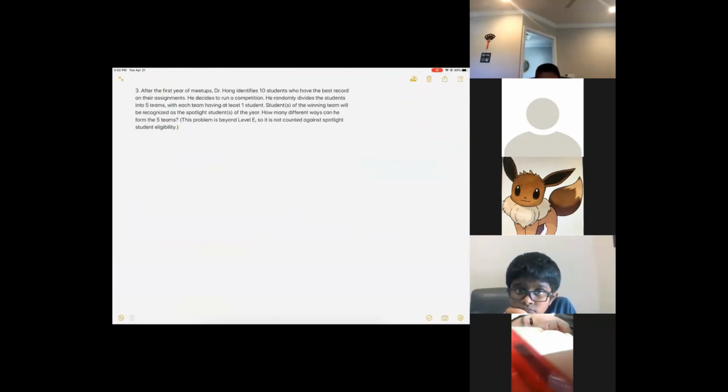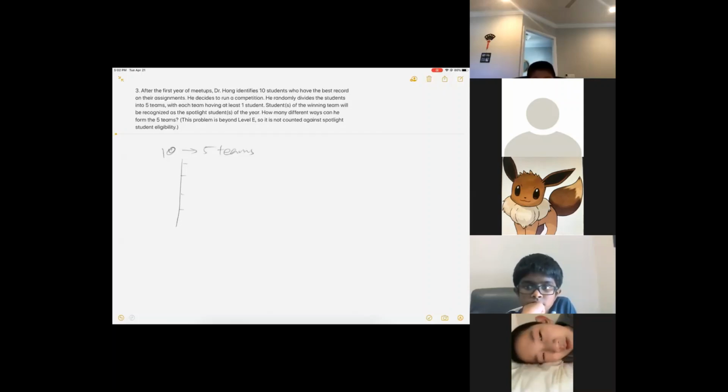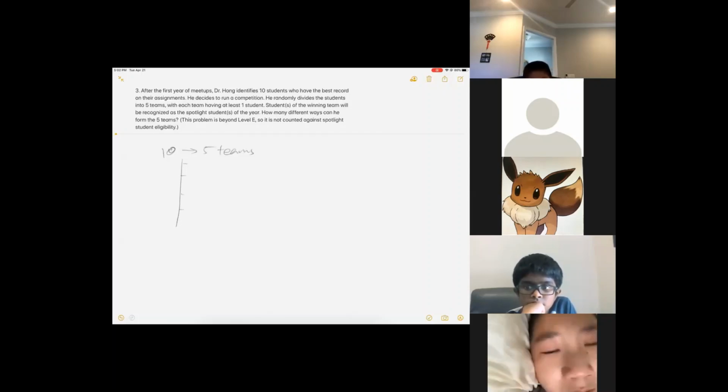So this is basically saying there are 10 students, and I want to divide them into 5 groups, 10 students into 5 teams. And how many different ways can we divide them? None of the students had this problem solved. Actually, this is very difficult even for middle school students.